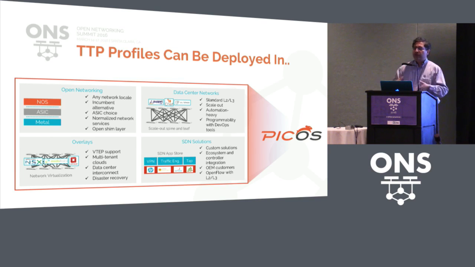So if you divide your SDN application across multiple controllers because of the benefits that you may derive, you can choose to do so without actually thinking about your networking infrastructure by using this TTP profile. So TTP is the key enabler for most of these SDN applications.